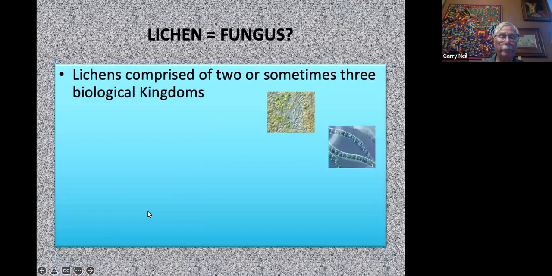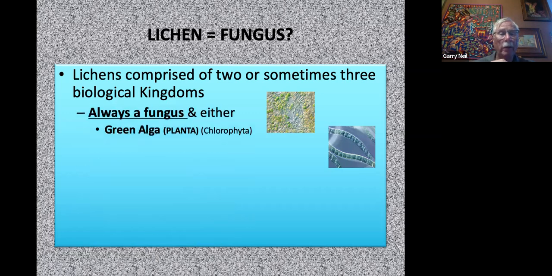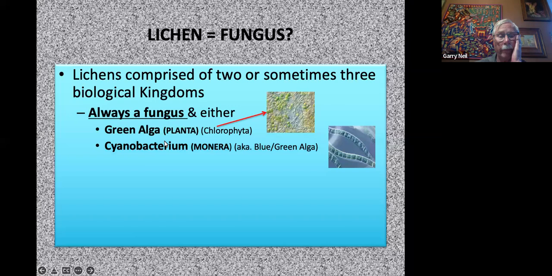So anyway, moving on. Lichens are comprised basically of two and sometimes three biological kingdoms. First, it's always a fungus, and it's either a green alga, which belongs to the group Plantae, or it's a cyanobacterium, which belongs to the kingdom Monera, which is the blue-green algae.